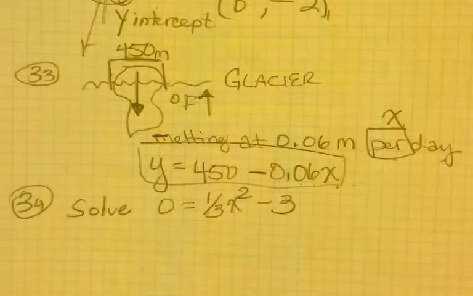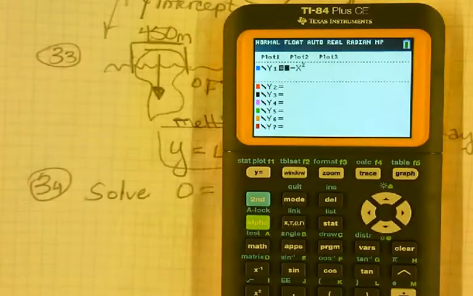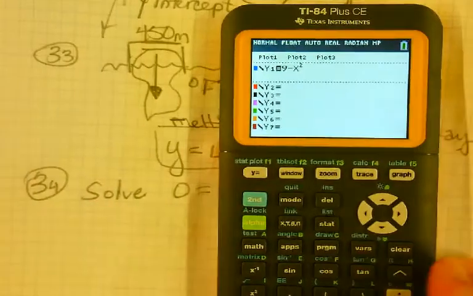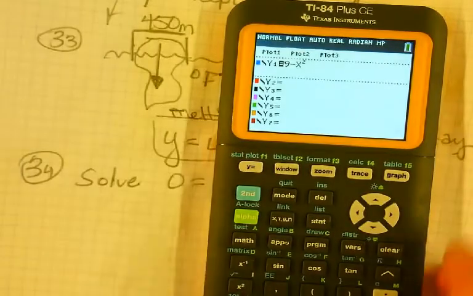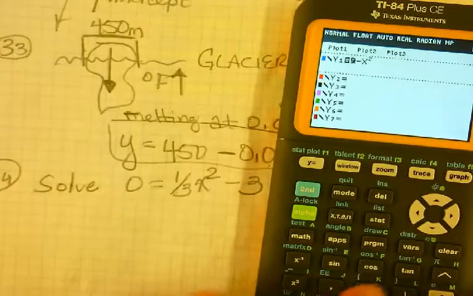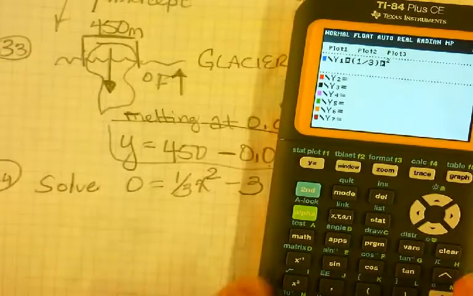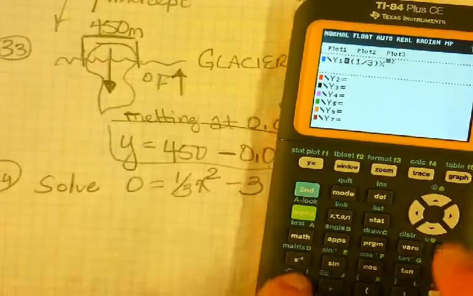All right. Okay, so right here. So come back to your calculator. Put this equation in. Put your equation into y equals. All right. So we're gonna have 1 sobre 3 por x elevado a 2.